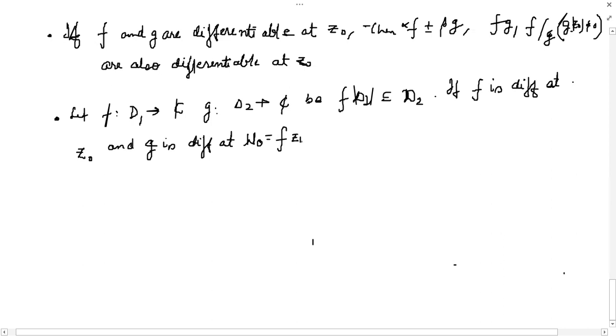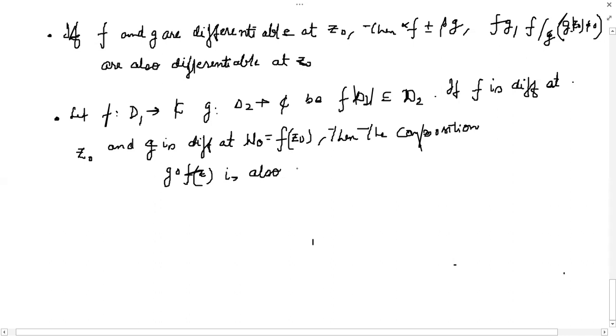It is nothing but f of z naught, then the composition g of f is also differentiable at z naught.